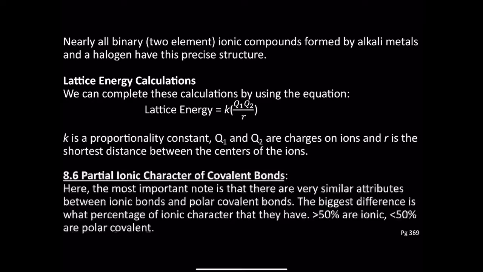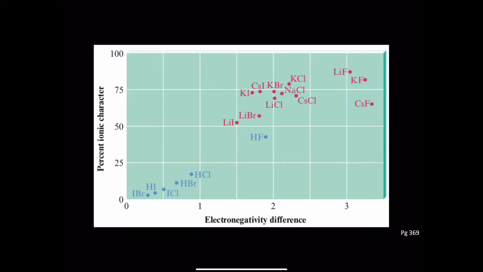If they're more than 50%, they're ionic, okay? If they're less than 50% ionic in character, then they're polar covalent. So here you've got electronegativity differences and how we define them, right?